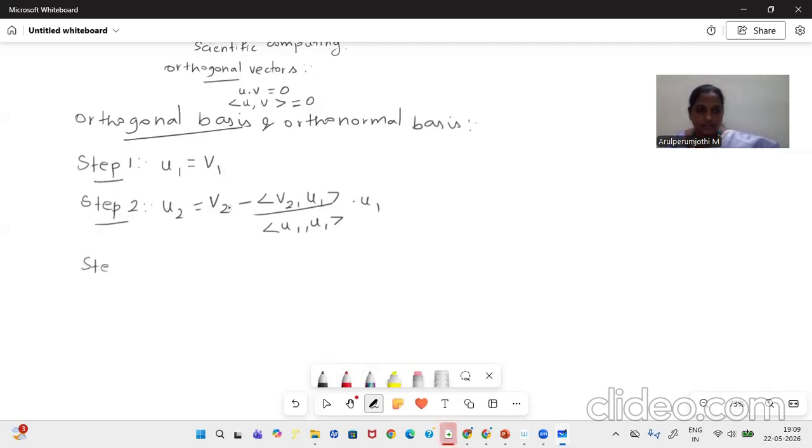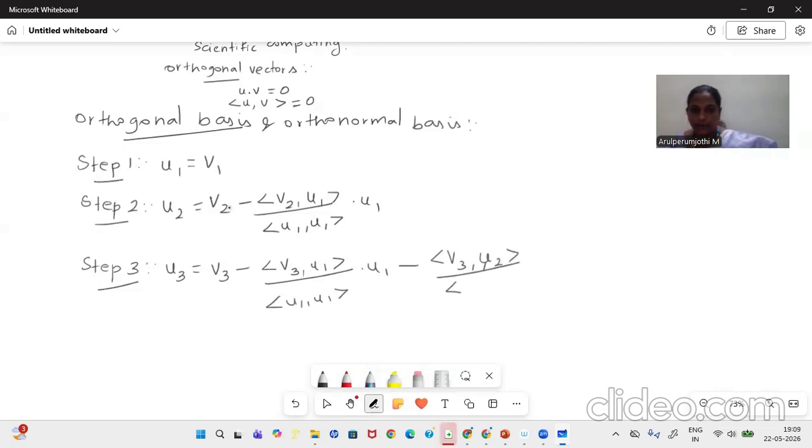And then step 3, the last vector. To find U3, the formula is V3 minus inner product of V3 comma U1, the whole divided by inner product of U1 comma U1, into U1, and one more term, minus inner product of V3 comma U2 divided by inner product of U2 comma U2, into U2.